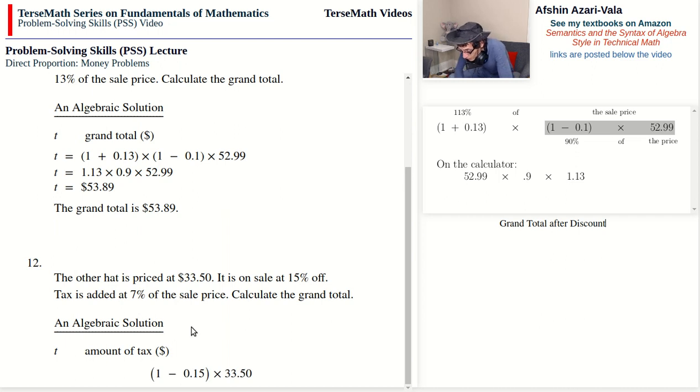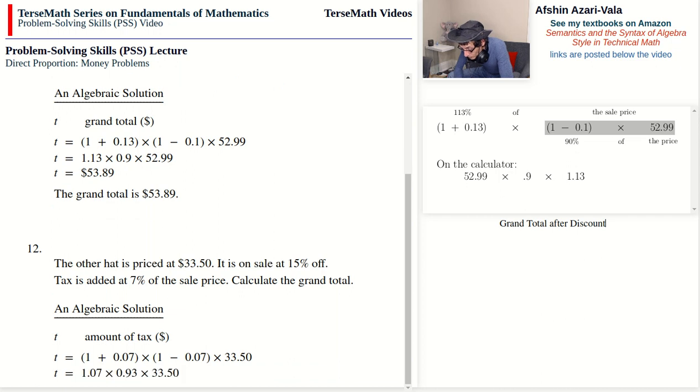Okay, so we start with 33.50, and then we find 85% of it to find the sale price. That's 100% minus 15%. So we have 85% of the price. That's the sale price. And then we multiply this by 1 plus 0.07, which is 107%. And that gives us the grand total.